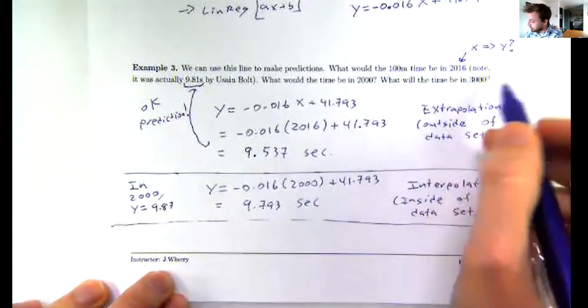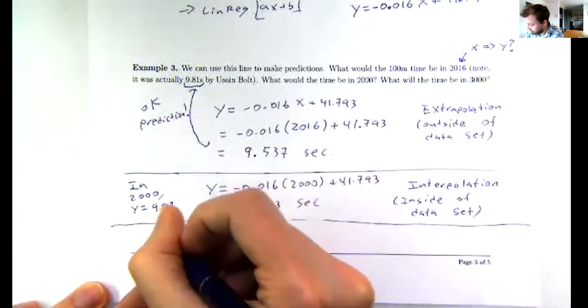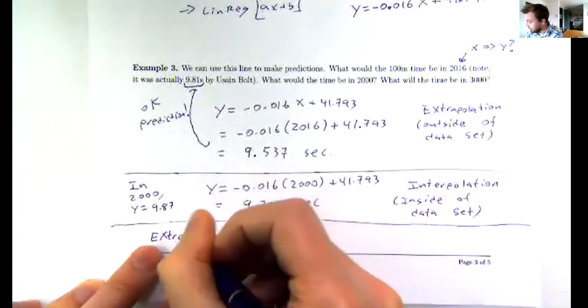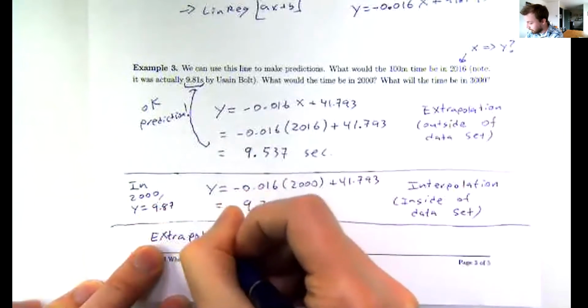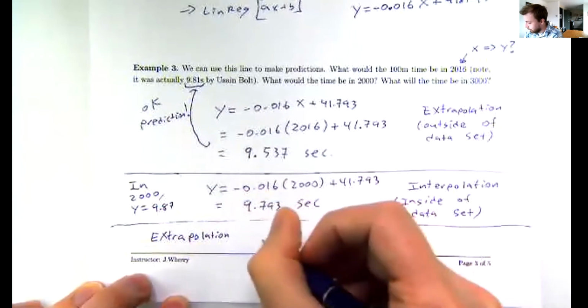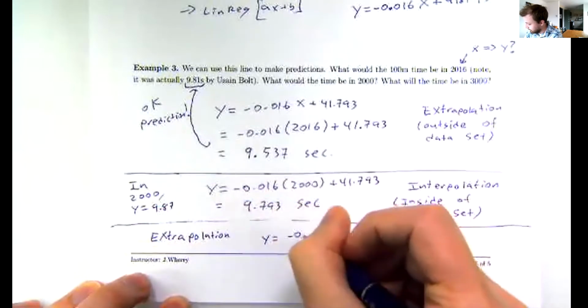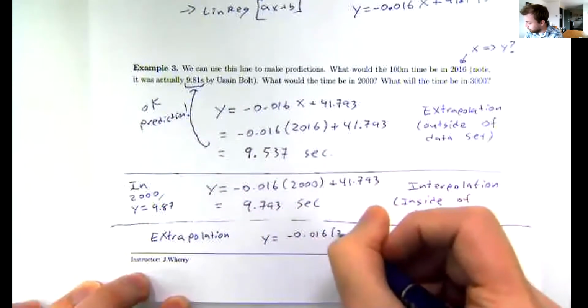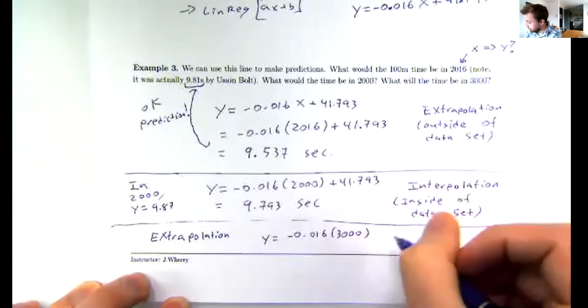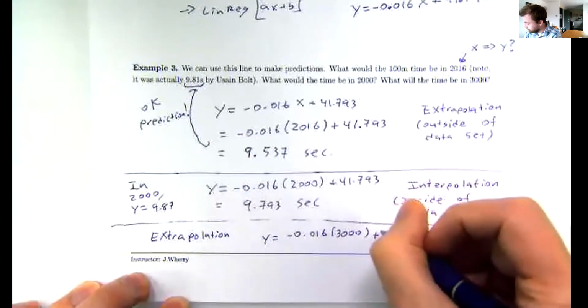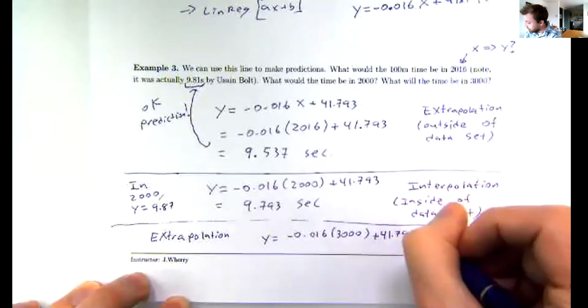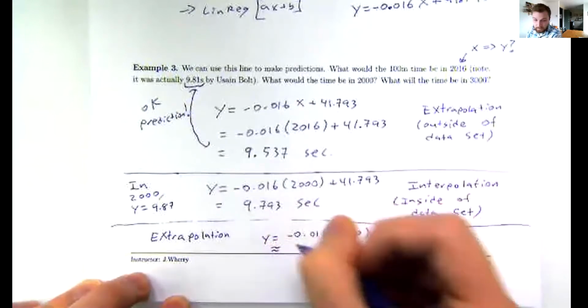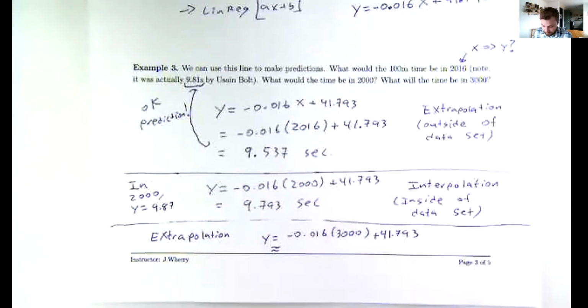So let's consider the year 3000. This is outside, it's extra, it's on top of. And I'm making a prediction for the year 3000. 3000 is so far away from my data set here that I'm anticipating that I'll have an almost nonsensical answer.